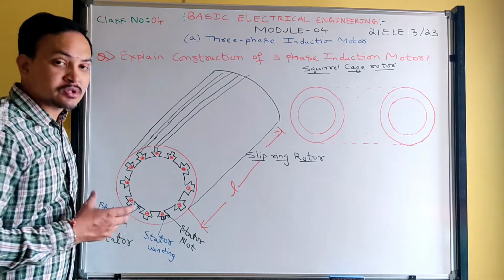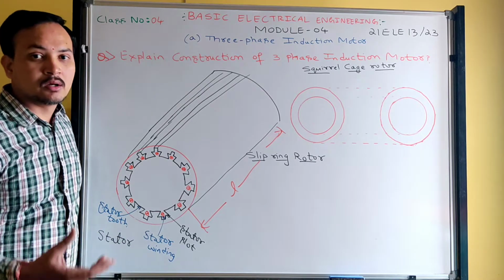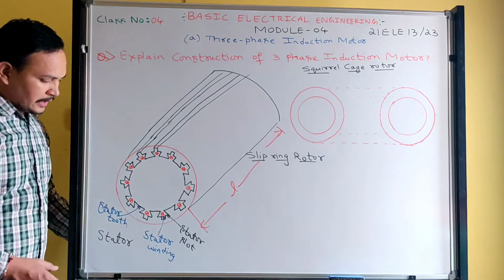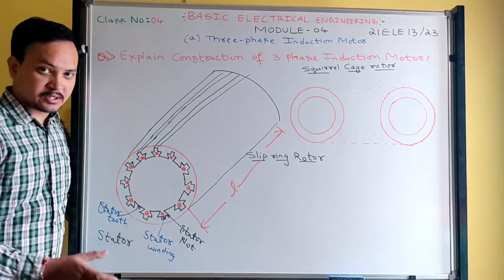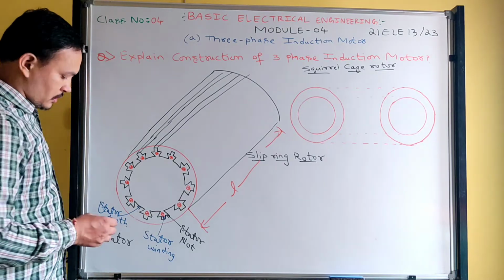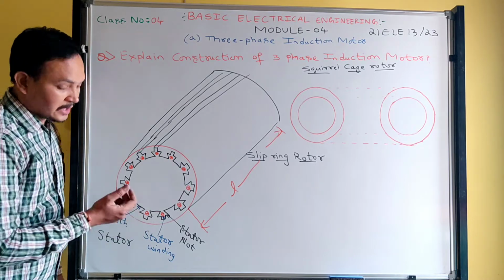So when it is connected to supply, it is going to produce a magnetic field. That is called rotating magnetic field. Like that you write. And then another thing is the material used for stator winding is copper. Okay, got it?